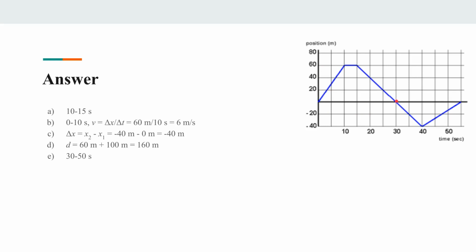So it starts going negative at 30 seconds, it will keep on going downward, and then it will go back up, so the cat will start to head right, and it will exit at 55 seconds. So that's 30 to 55.